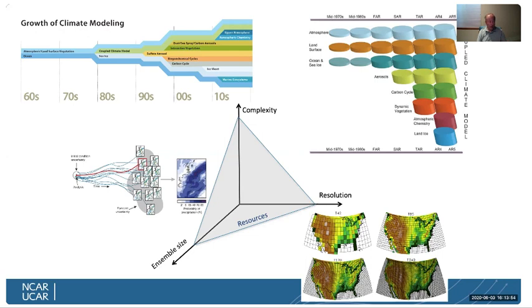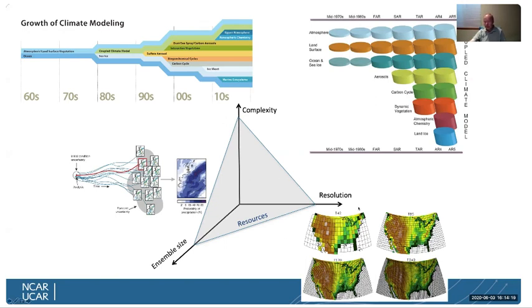What I mean by that is, in the past, when people ran transient or historical simulations for the 1850 to 2100 period, usually only one member was run. But now people are realizing that in order to get a better estimate of what's going to happen, you need a minimum of 10, but now we are going towards 40 ensemble members.